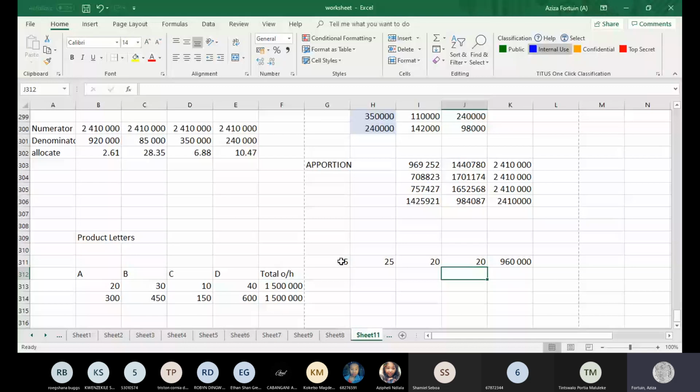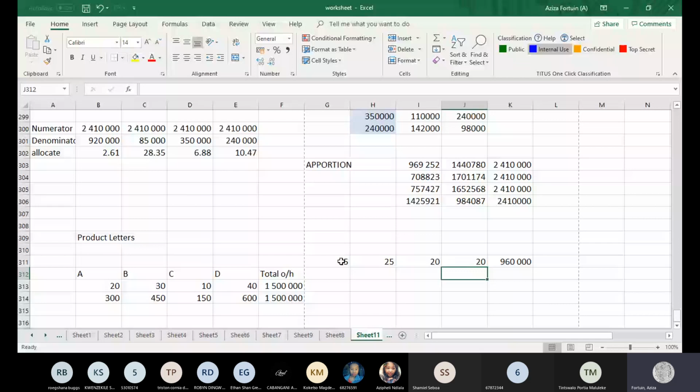So that's how you know that's a step method. Overhead absorption rates are based on machine hours. So that's what you need to look for. So our driver is going to be the machine hours. It is estimated that P1 and P2 will be 12,000 and 6,000 hours respectively. So how do we go about doing this? I need to apportion my overheads based on 35, 25, 20, and 20, and based on the total cost of 960,000.